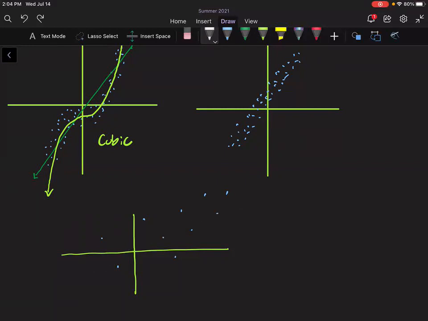Alternatively, you could just use a really high dimensional polynomial, one that fits the data perfectly. And have that be your model.